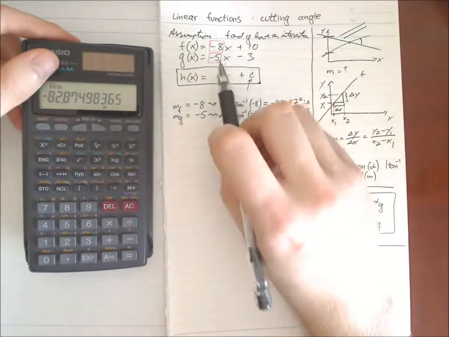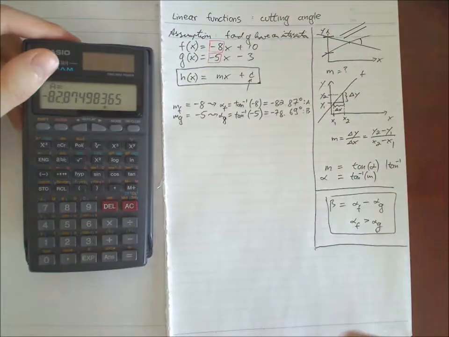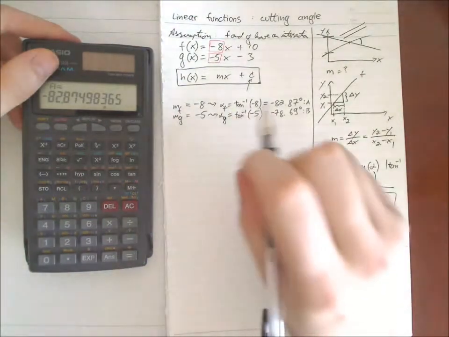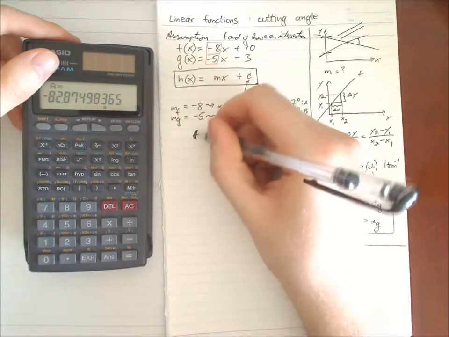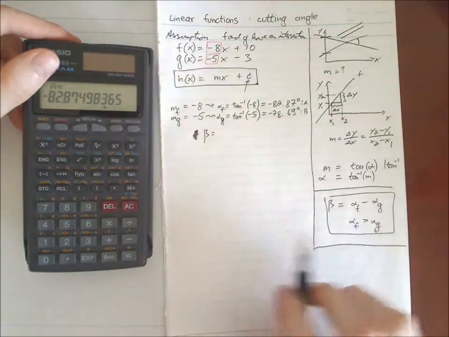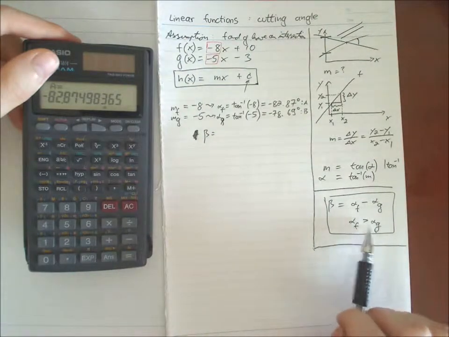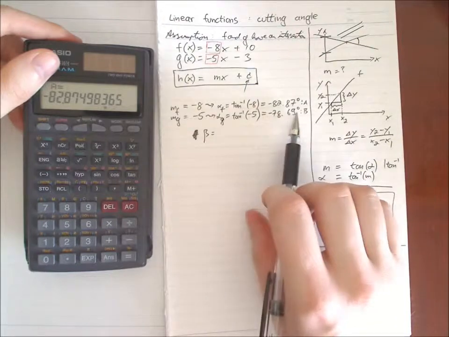If you're not sure, then you can just calculate whether there's an intersection or not. Maybe I can do it later just to show you. Maybe it makes it more clear. So in this case we want to calculate the cutting angle, which is we take the bigger value minus the smaller value. In this case both are negative, but this one is clearly bigger.